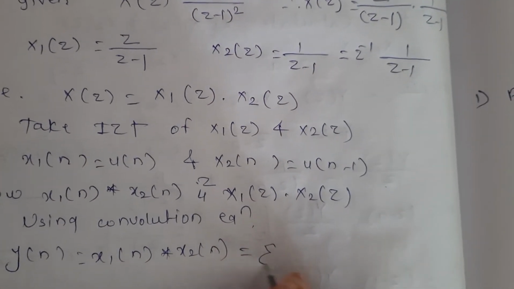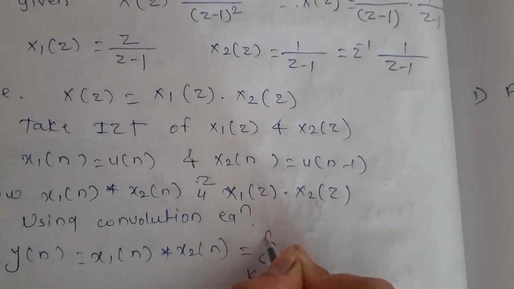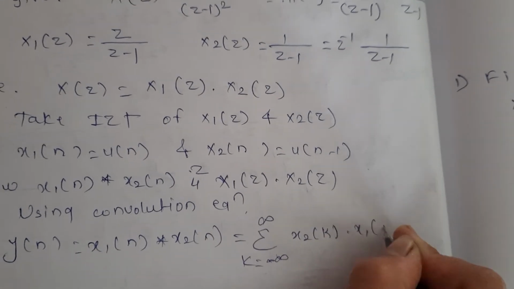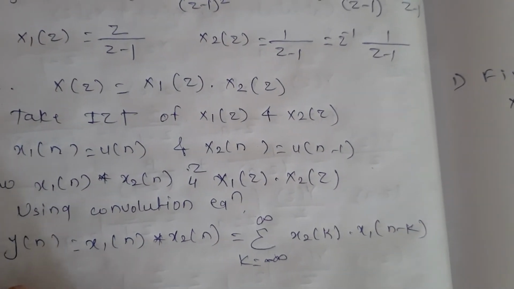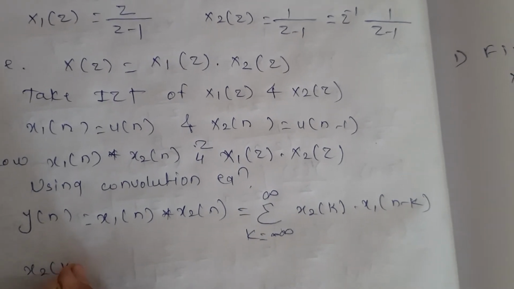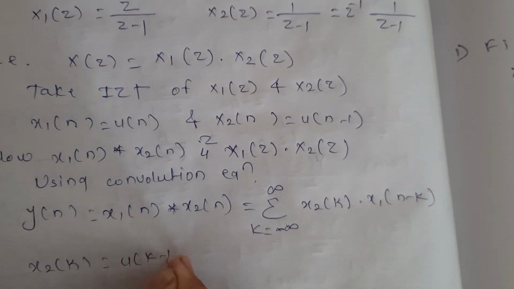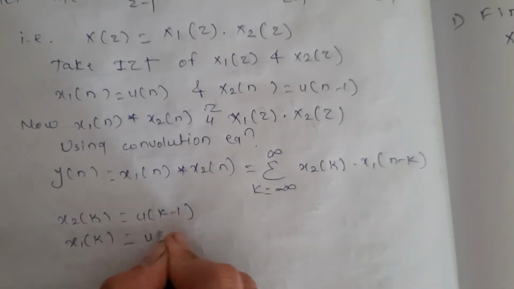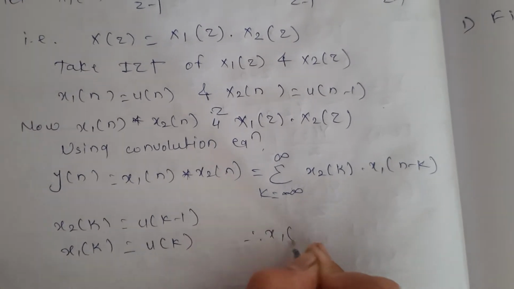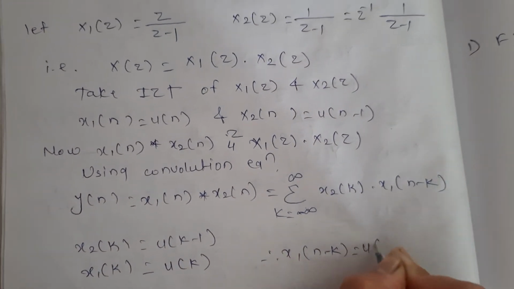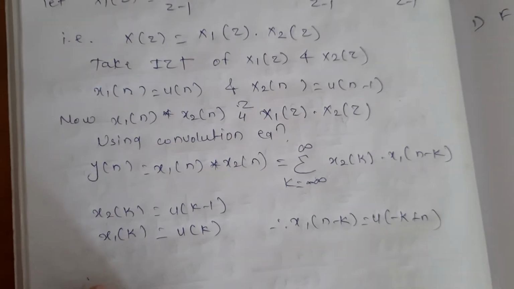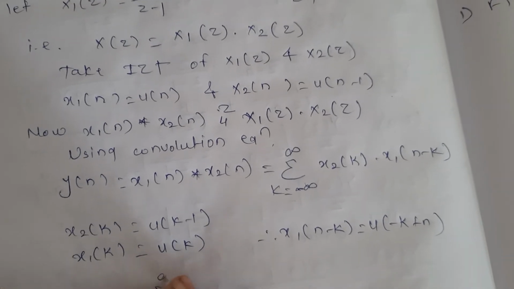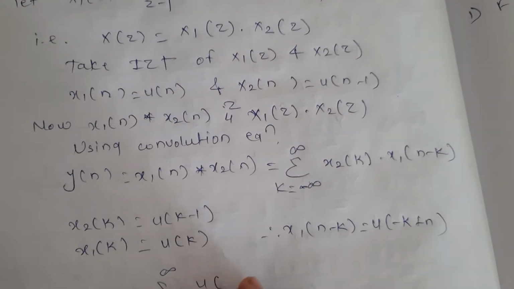So it is summation k goes from minus infinity to infinity, x2(k) x1(n minus k). So here x2(k) is equal to u(k minus 1), x1(k) is equal to u(k). So replace the above values.